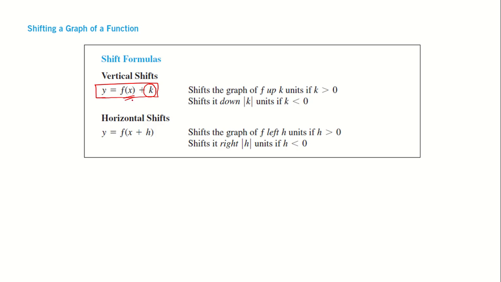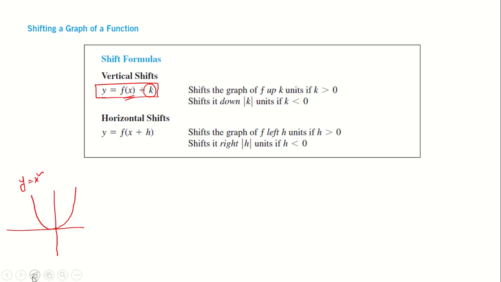then it shifts vertically, right? For example, y equals x squared. We already know the graph of this function, it is just like this.